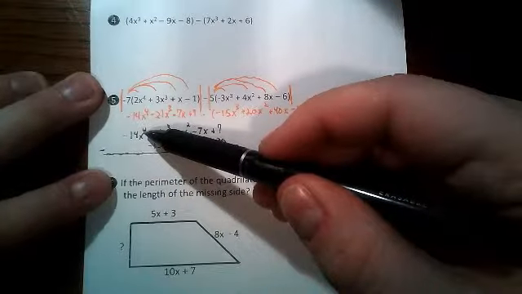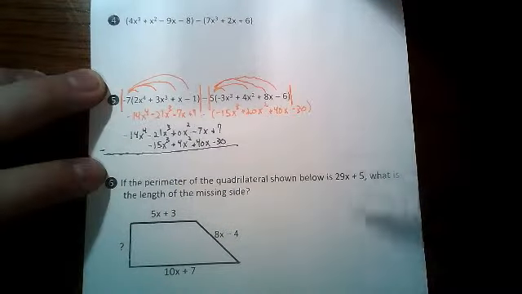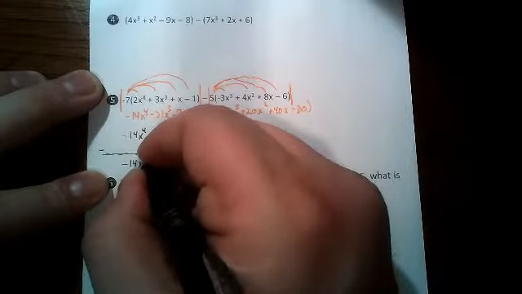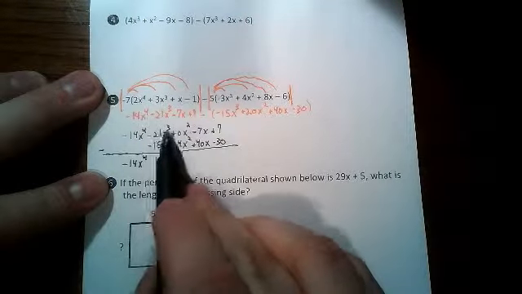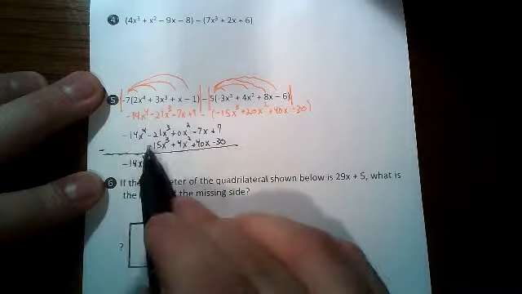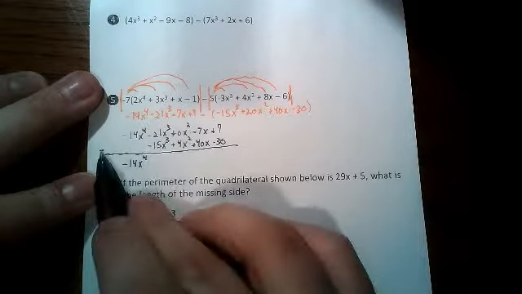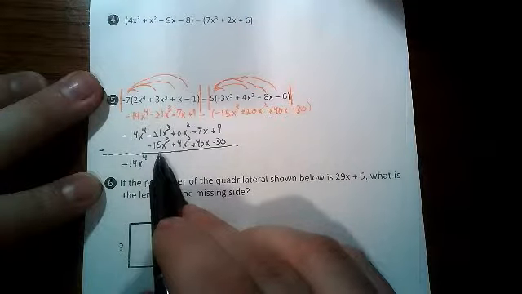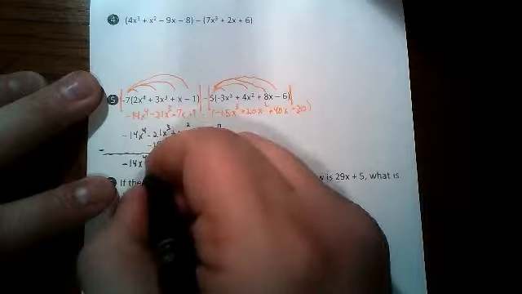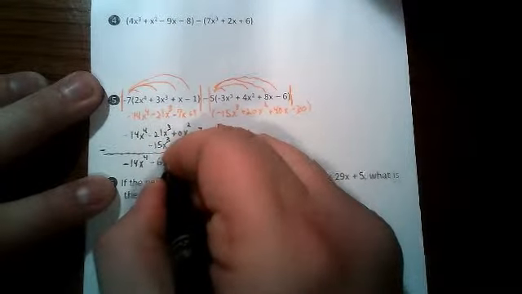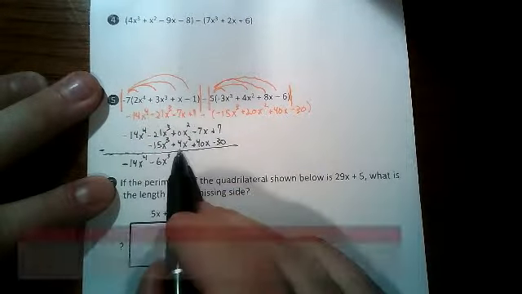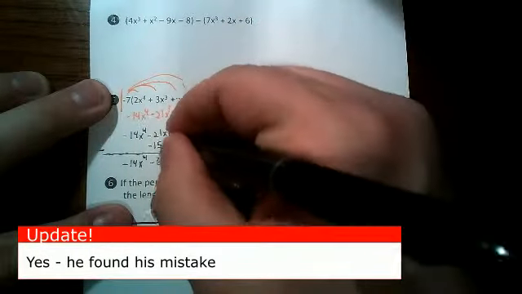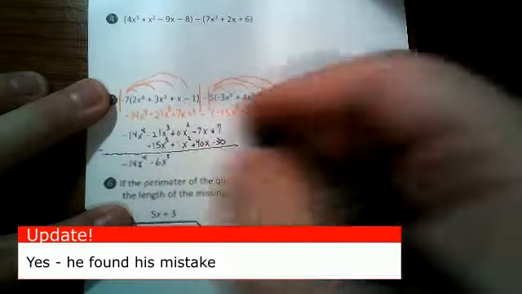So negative 14x to the fourth minus nothing is just negative 14x to the fourth. Negative 21x cubed minus negative 15x cubed. When we subtract a negative number, it turns to addition. So we're taking the difference. So the difference here is negative 6x cubed. 0 minus, and this should be plus 20x squared.